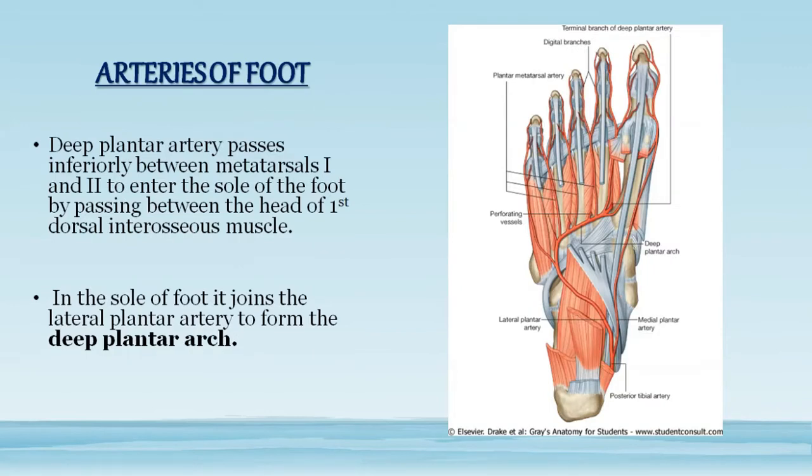This is the deep plantar artery. It passes inferiorly between metatarsals 1 and 2 to enter the sole of the foot by passing deep to the head of the first dorsal interosseous muscle.